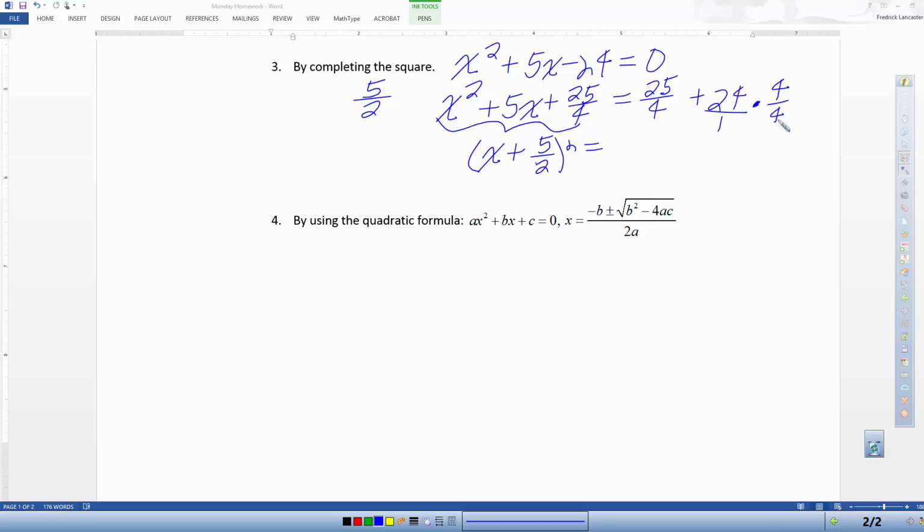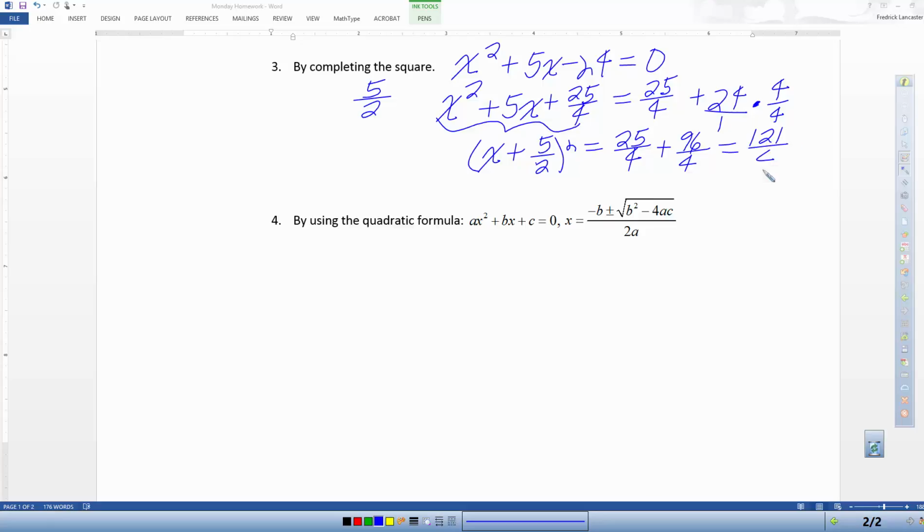So this will give me 25 fourths. 4 times 20 is 80, 4 times 4 is 16, 80 plus 16 is 96, so this is going to be 96 fourths, and then 25 plus 96 is 121 fourths.